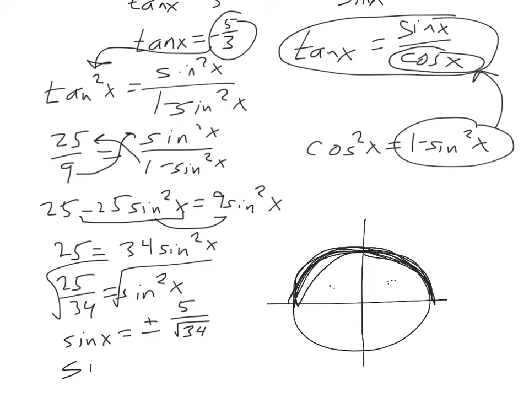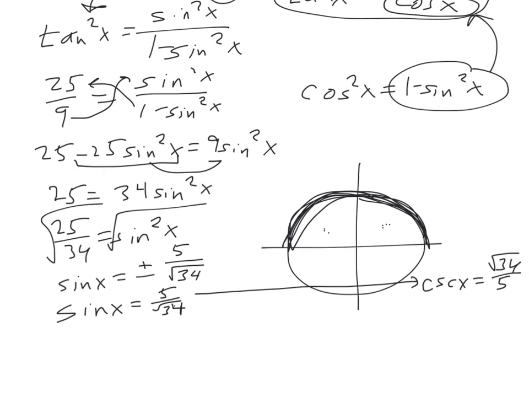So in some sense, my answer here has to be the positive 5 over root 34. And because that thing has to be positive, we can conclude in the end, remember our question wasn't really about sine, they were asking for cosecant, we can state that the cosecant of x has to be root 34 over 5.